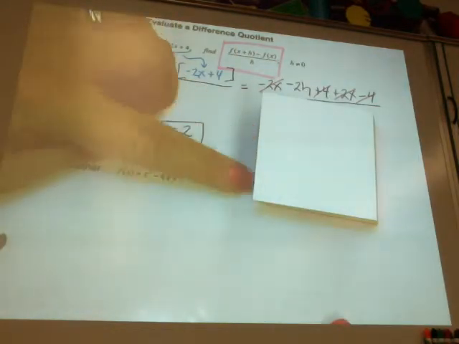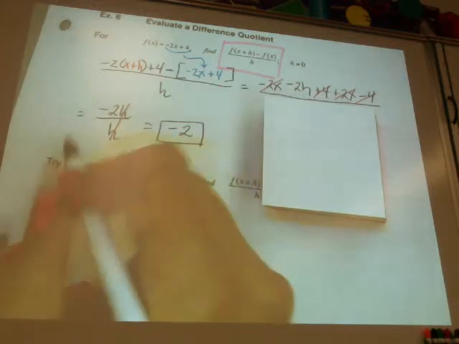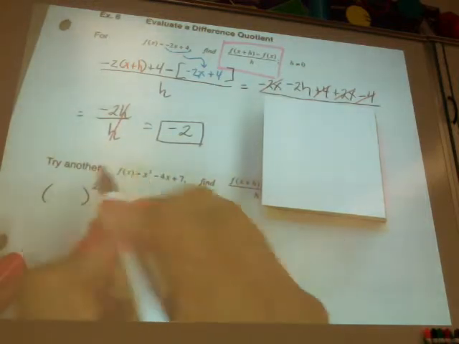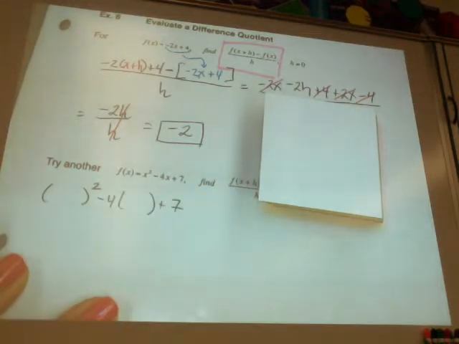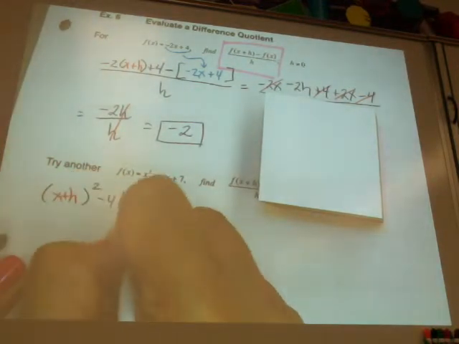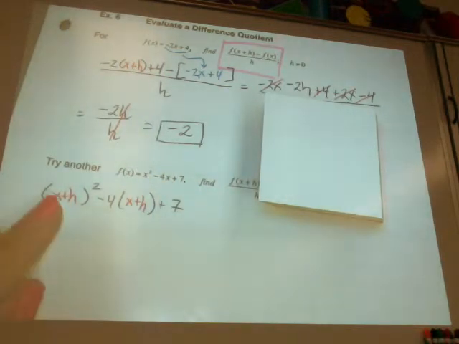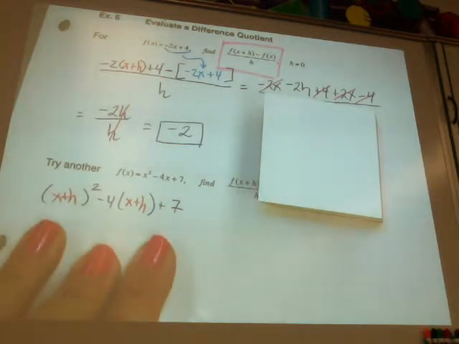I'm just rewriting that part with every x as x plus h, squared minus 4 plus 7. So in each of the x's goes x plus h. You have to be really careful that you remember how to square this, but we'll get to that in a minute, because we talked about this earlier in the lesson. So this is f of x plus h.